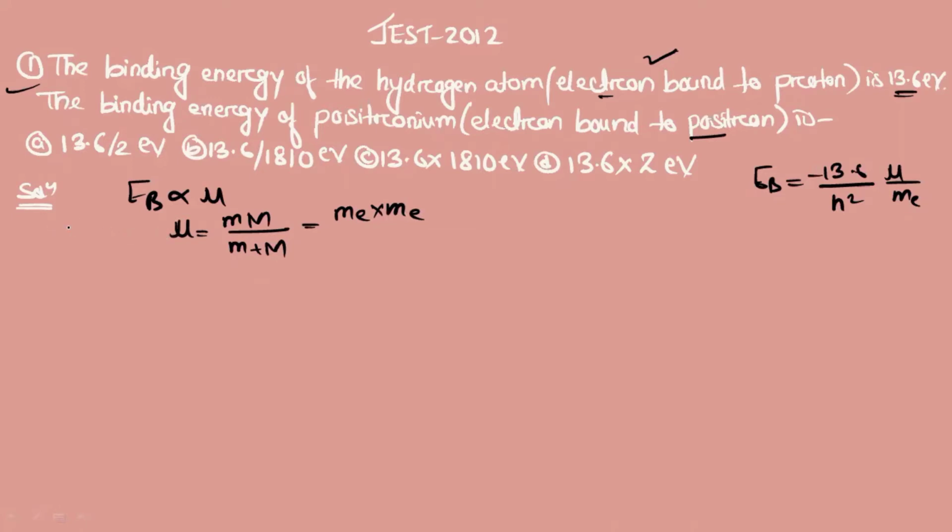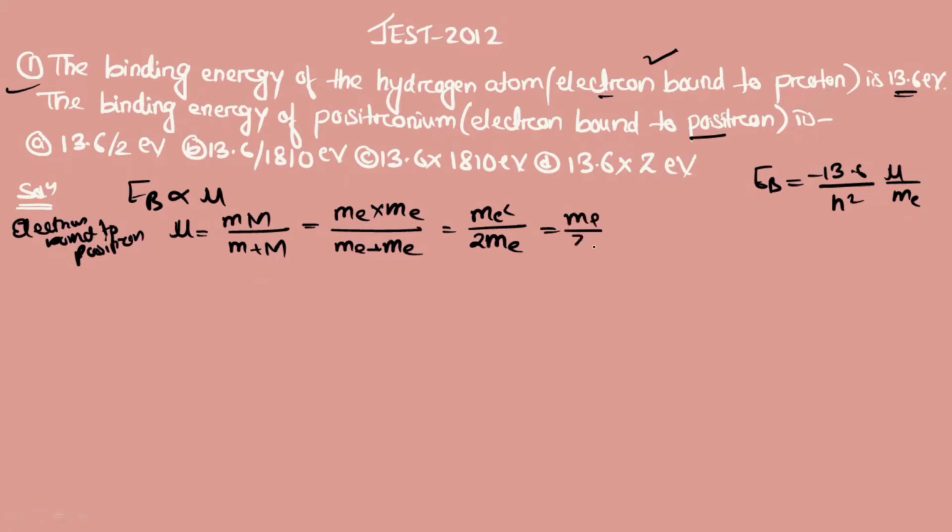So this is the reduced mass for the electron bound to a positron, divided by Me plus Me. Which will give you Me square by 2Me. Ultimately, it is Me by 2.